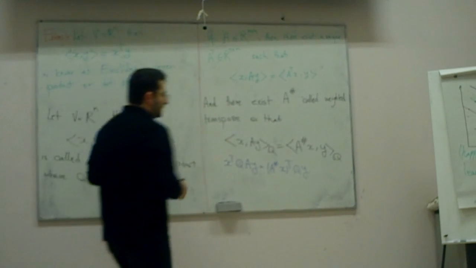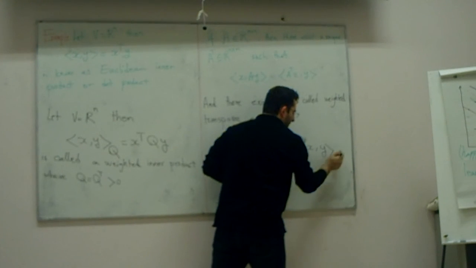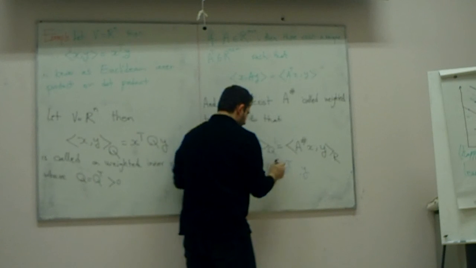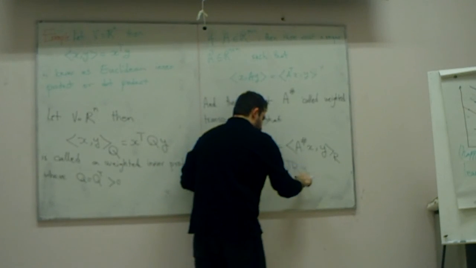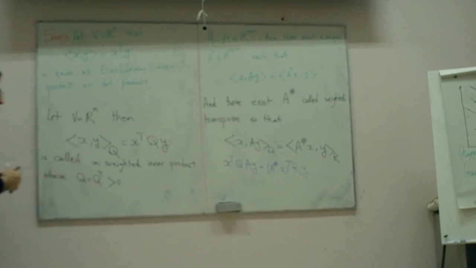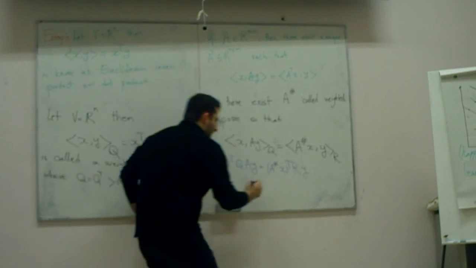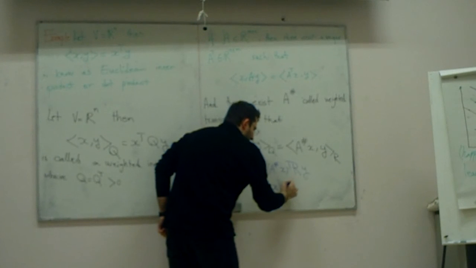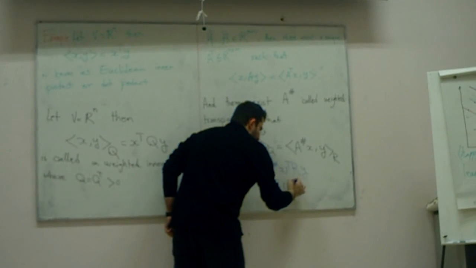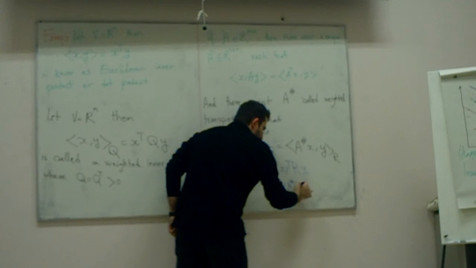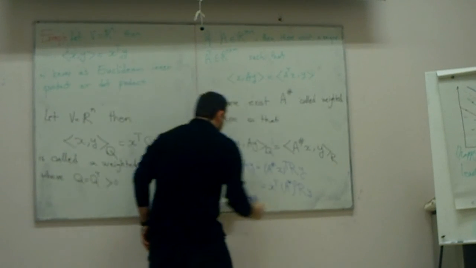Sorry, this should not be Q. We should change the weight. The weights will be changed, which is x transpose A hash transpose R y.